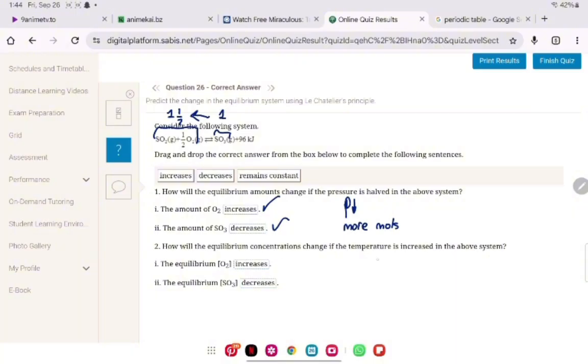And how would the equilibrium concentration change if the temperature is increased? If temperature is increased, the system will try to decrease the temperature. To do that you want to move backwards, so O2 will increase and SO3 will decrease.